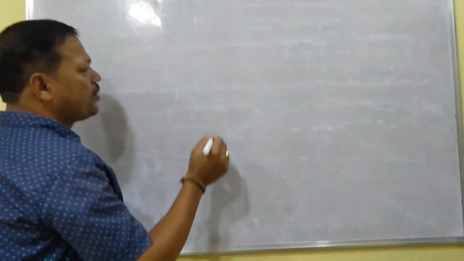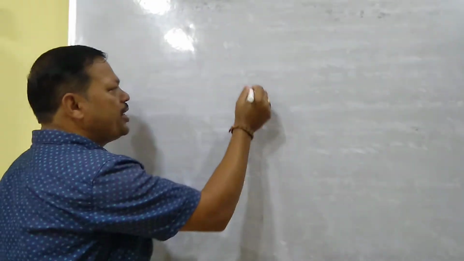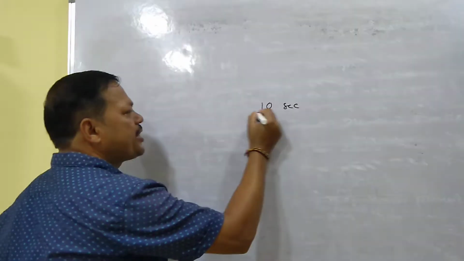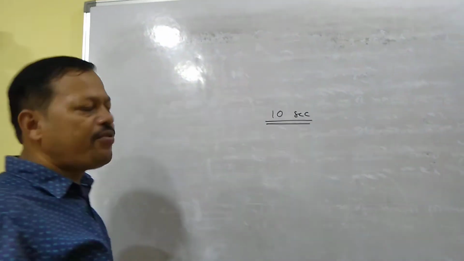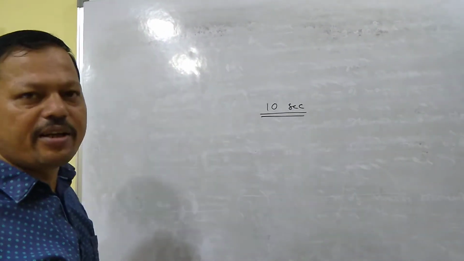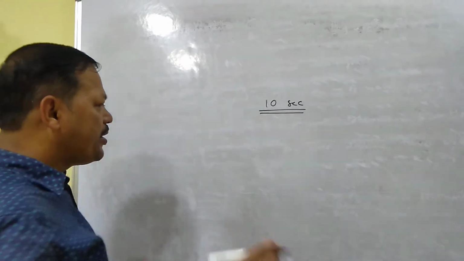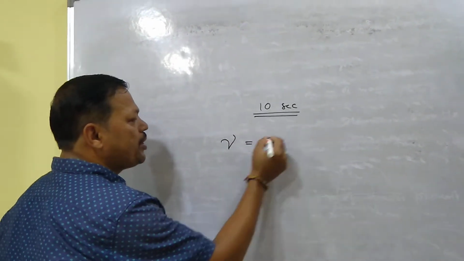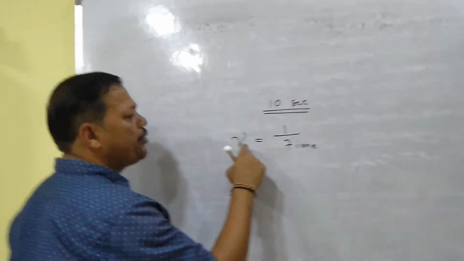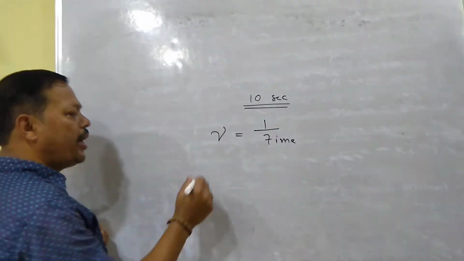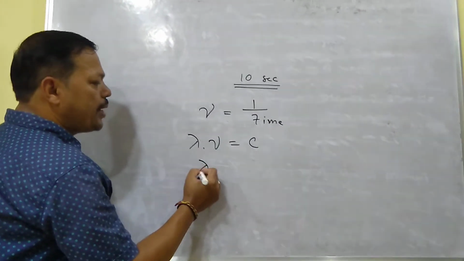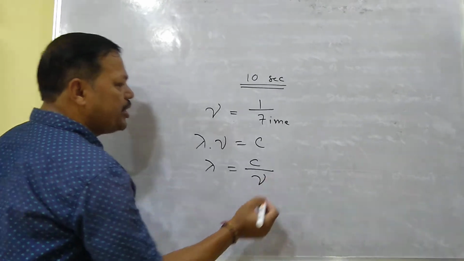Suppose only the time period is given, for example 10 seconds, for the wave. You have to find wavelength, frequency, then wave number, everything. If the time period is given, then to determine frequency, always do 1 by time. When you do 1 by time, you get the frequency. Again, lambda into nu is equal to c. You know the value of c, so you can find lambda by doing c by nu, putting in the nu value you have got.